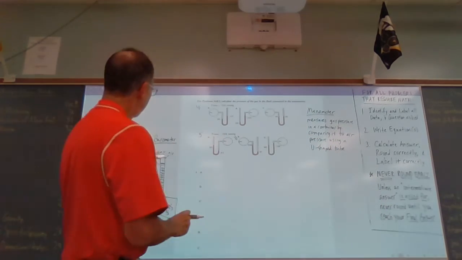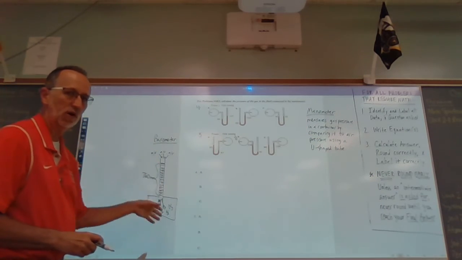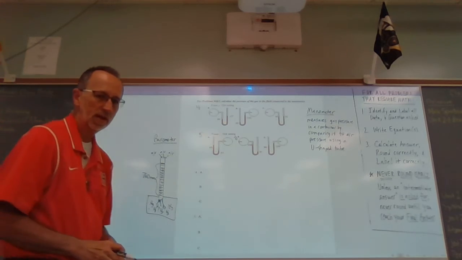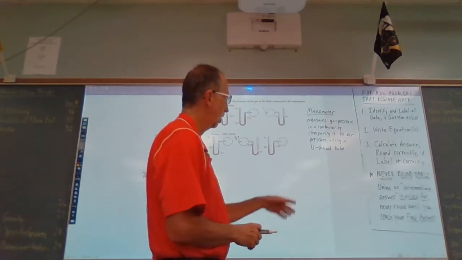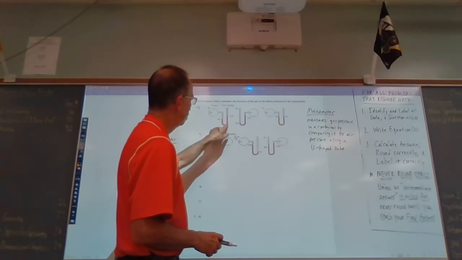Of course, remember, a barometer uses a vertical, straight tube to measure air pressure using a column of mercury. So you see here, this is a U-shaped tube.